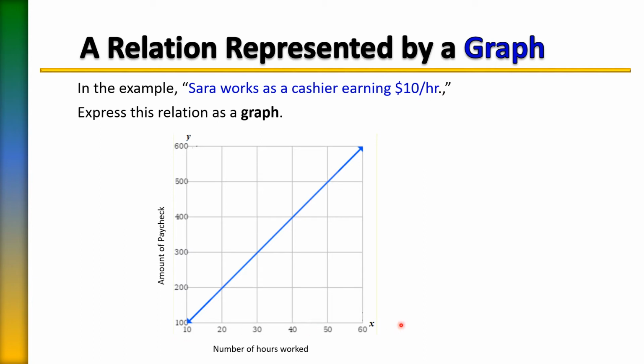Notice that the x-axis is the number of hours worked, so the more you go up in terms of your hours, your paycheck is also going to go up. The y-axis represents the amount of paycheck. So again, we have represented that relation of Sarah earning $10 as a cashier in the form of a graph.